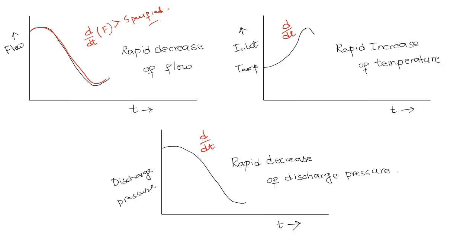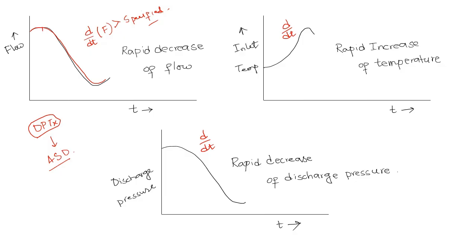So, as you have understood, these signals are captured by the sensors, the input devices. For example, for the flow, there is a DP transmitter that provides the signal to the anti-surge control system or anti-surge detection system. Now, the accuracy, repeatability, and response time of this DP transmitter are of utmost importance.